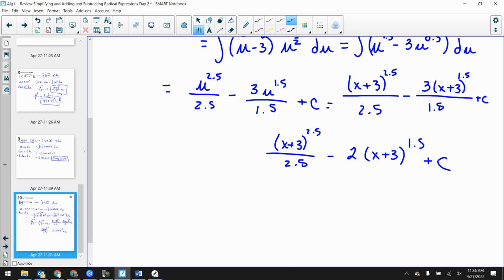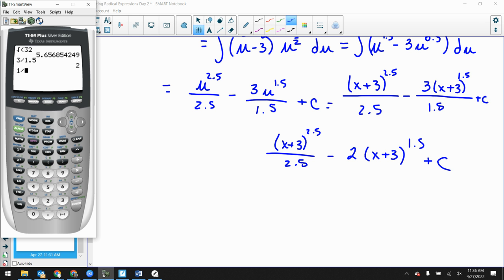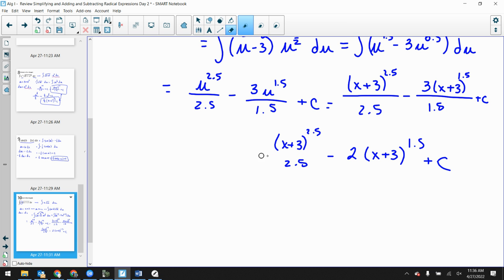But I wonder what 1 over 2.5 is. 0.4. So that's another thing that we could say. We could say 0.4 times x plus 3 to the 2.5. Which makes sense because my key says 2/5.